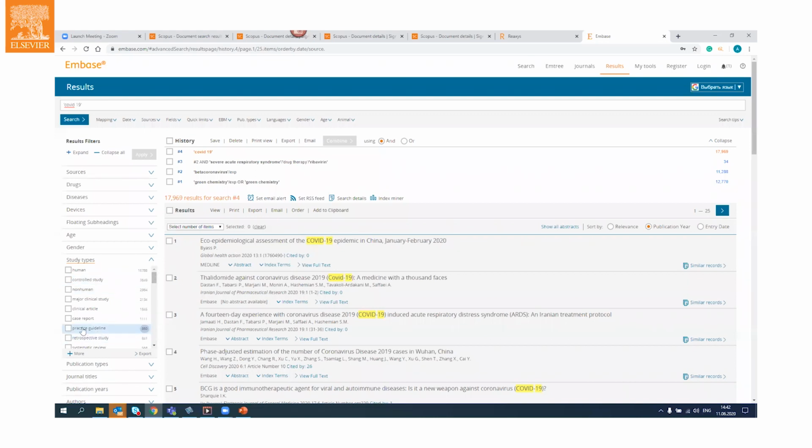But also, for example, there are practice guidelines, which are articles which recommend using some specific drugs against some specific diseases. Also, you can find systematic reviews, cohort analyses, meta-analyses, randomized control trials, and a lot of additional interesting information.